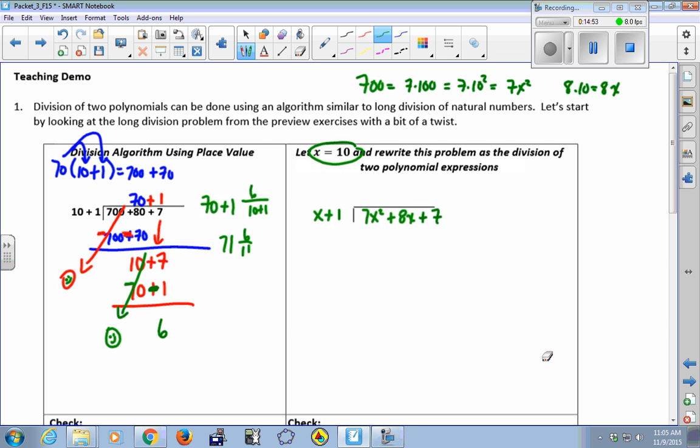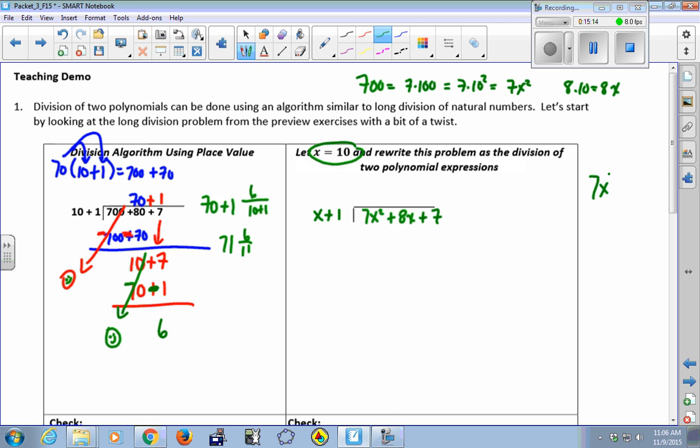All right. So now I'm going to mimic the exact process I did on the left-hand side with the numbers with the algebra. So we started with our biggest place value with our divisor, which was 10. And now that's going to be equivalent to x. So I say, how many times does x go into 7x squared?